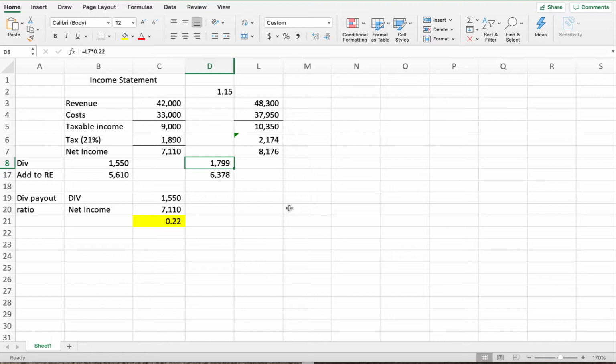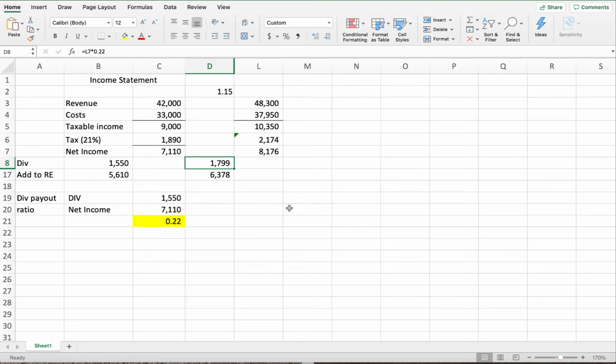How fast can sales grow before any new fixed assets are needed? Basically, how much can we increase our sales by before we start needing new assets, because our current assets are only operating at 78%.